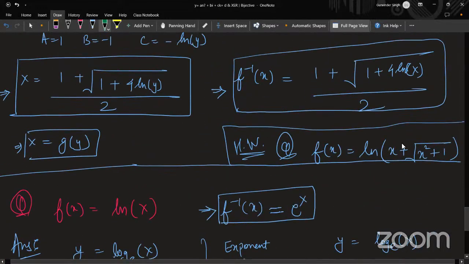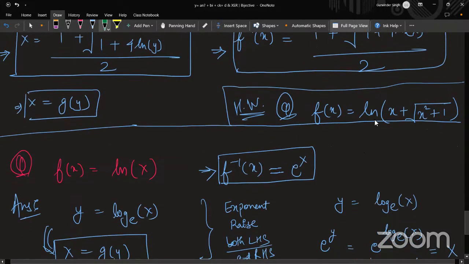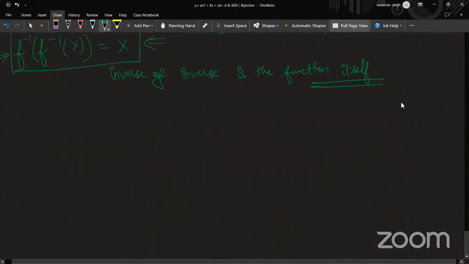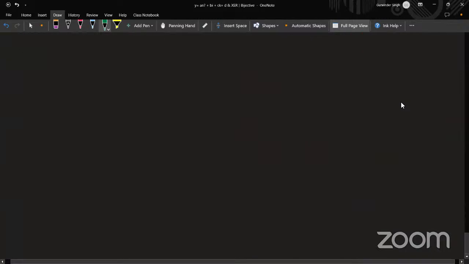Just think how you can do it. It is very clear that the first step will be raising both of these sides to exponent powers. First step is very clear.